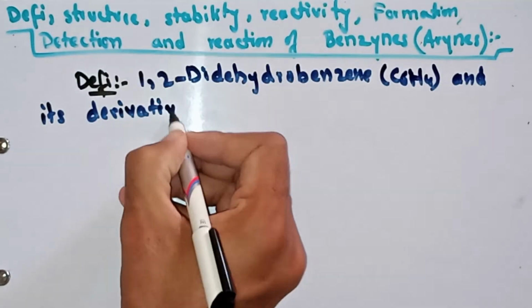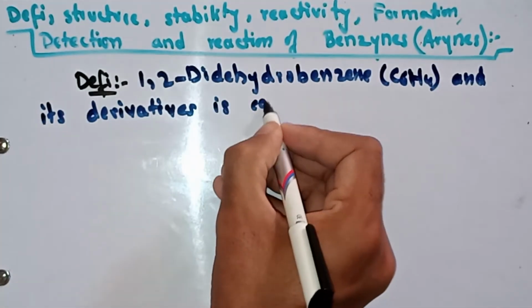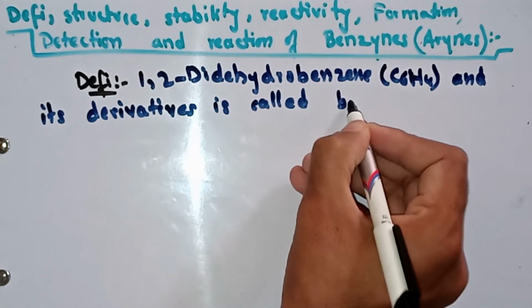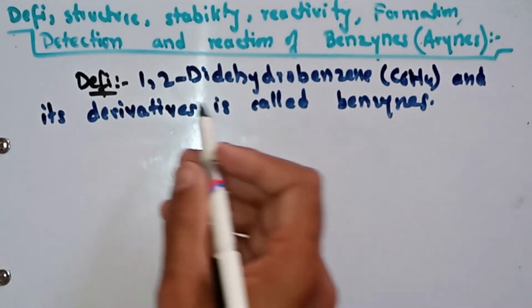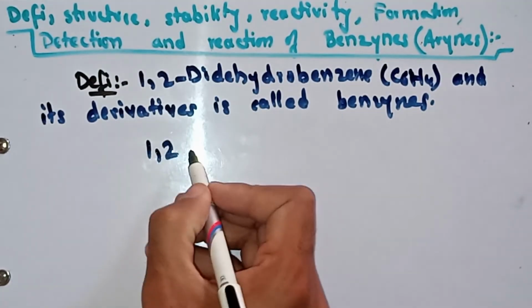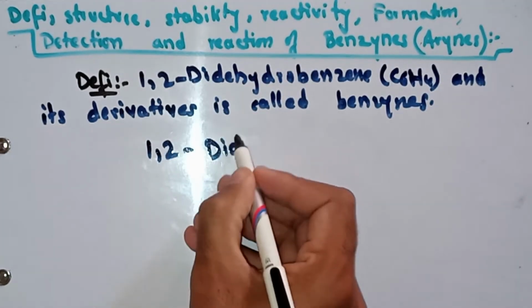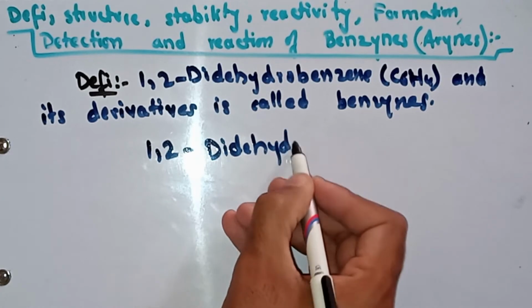What does this mean? It means 1,2-dihydrobenzene. What does this mean?